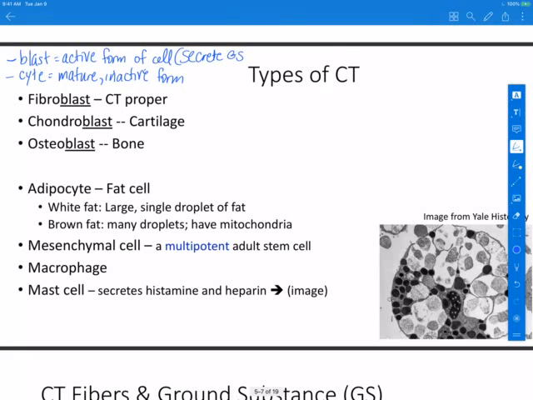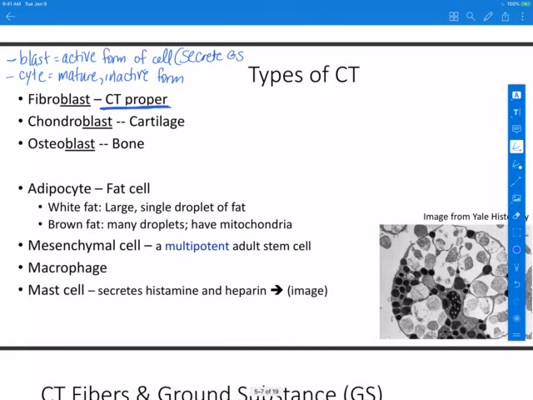So we have three cells to discuss that end in blast. The fibroblast, it secretes proteins and polysaccharides, which then combine with the extracellular fluid. And the fibroblast is the most abundant cell in connective tissue proper, which is one type of connective tissue. We also have fibrocytes, which would be the mature inactive form of the cell.